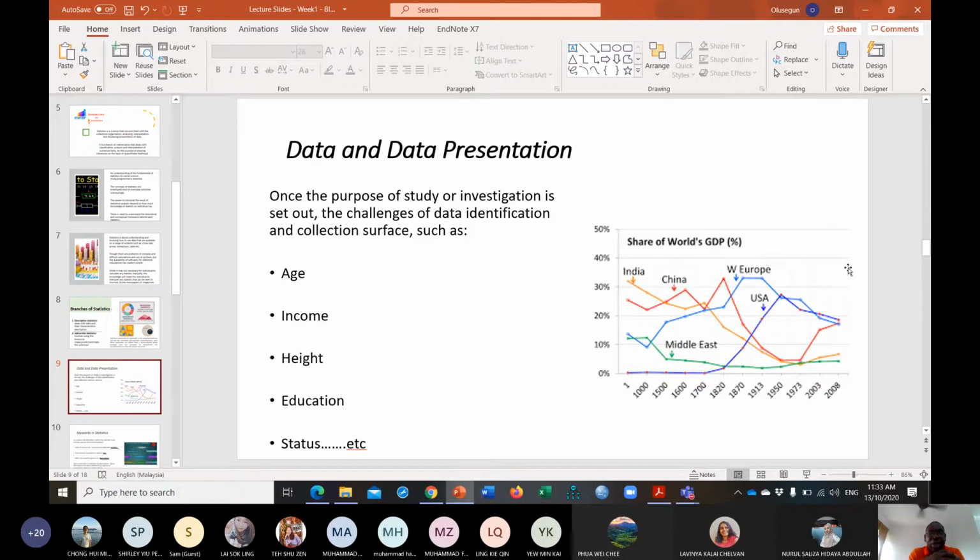For example, if we're looking at the relationship between height and lifespan, what I mean is, do short people live long, or do tall people live longer? We are talking about the height of people and their lifetime. So definitely you will need data that has to do with height and age.